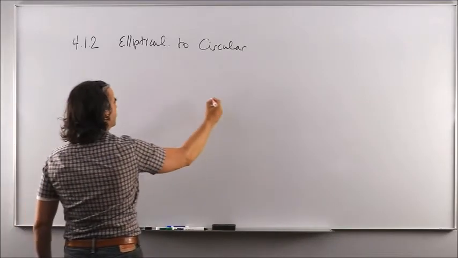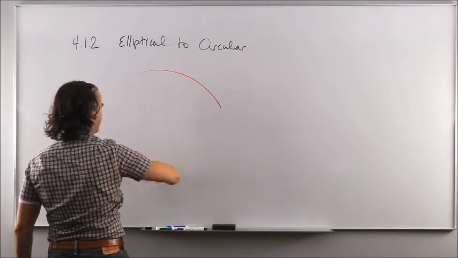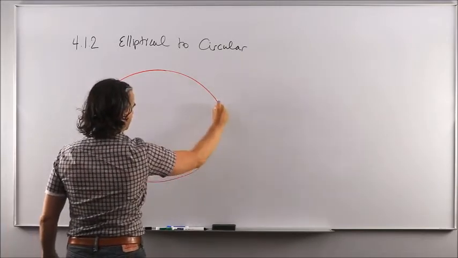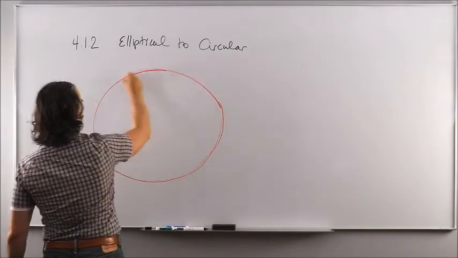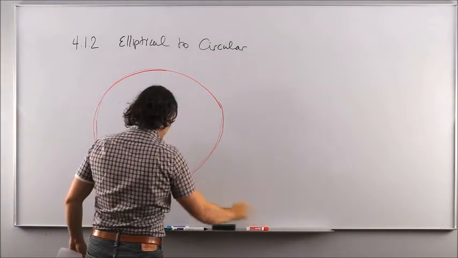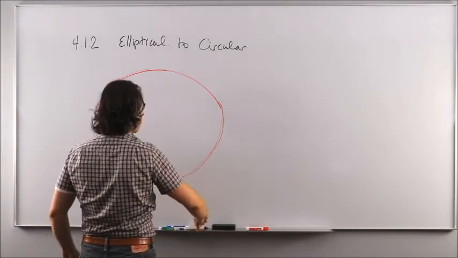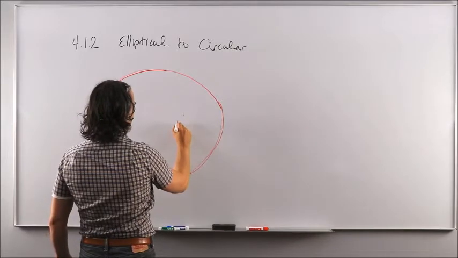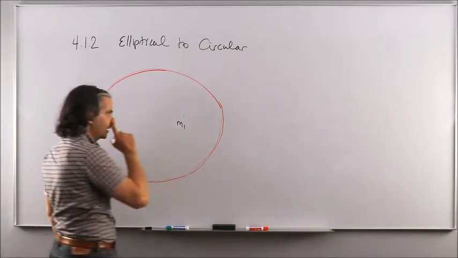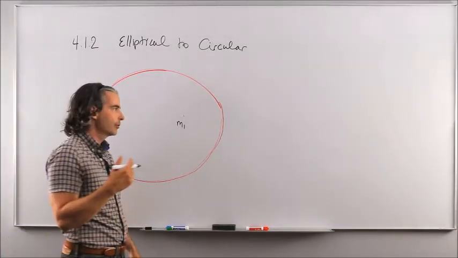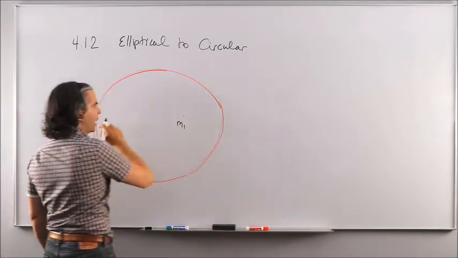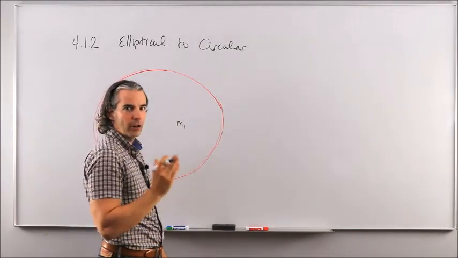Arbitrarily, I'm going to start on a big elliptical orbit in red, and then with my M1, I'm going to pick a point of application, remembering that for tangential coplanar maneuvers, the point of application of my delta V has to be perigee or apogee, because we're not changing the direction of the velocity vector.